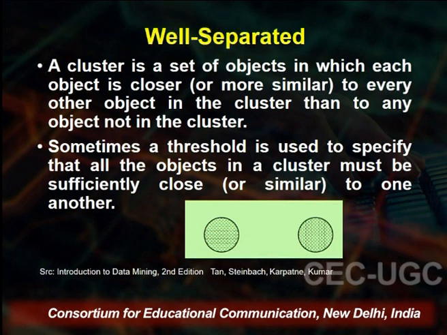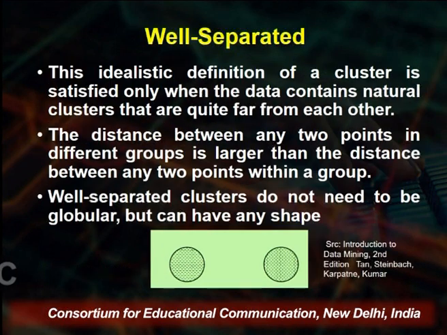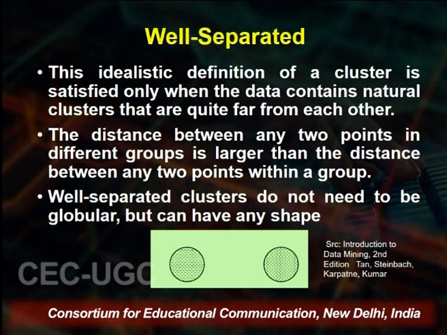Okay. So, a threshold is also used sometimes to specify that all the objects in a cluster must be sufficiently close, that is, they must be sufficiently similar to one another, and all the objects which are in two different clusters should be very different from each other, right. So the idealistic definition of a cluster that we have already discussed is that the data contains natural clusters that are quite far from each other.